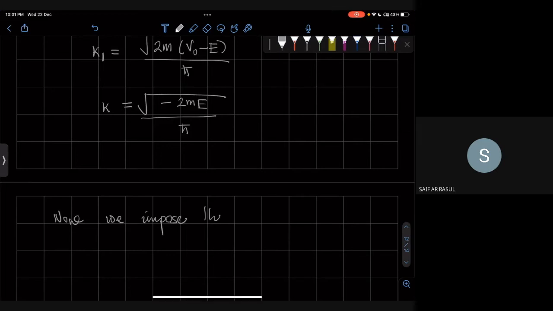So now we impose the continuity condition. One thing I wanted to say about quantum mechanics is that what we're doing here is just solving a real Schrodinger equation, right? Because it's the time-independent Schrodinger equation, and it's completely real. So we are actually solving a quote-unquote classical differential equation.